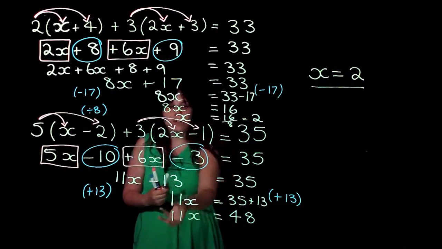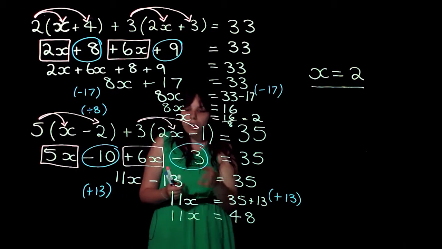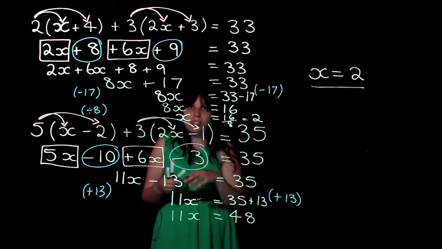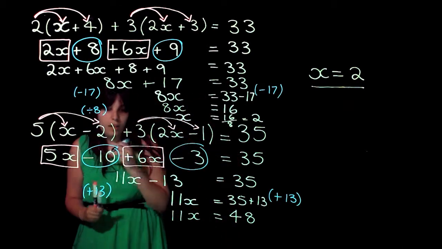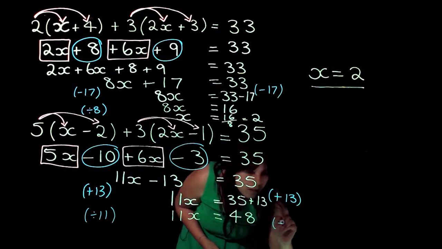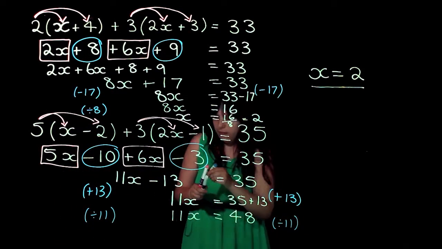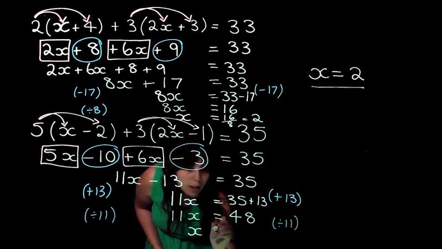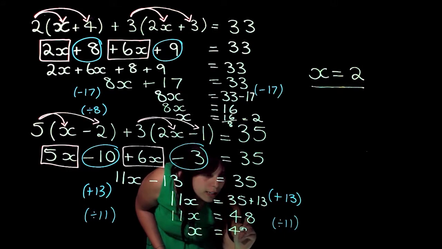Now I've got 11 lots of x, so I want to get rid of my 11. If I'm multiplying by 11, I need to divide by 11. So divide both sides by 11. So 11x divided by 11 is just going to give me 1x. And we're going to write 48 divided by 11.